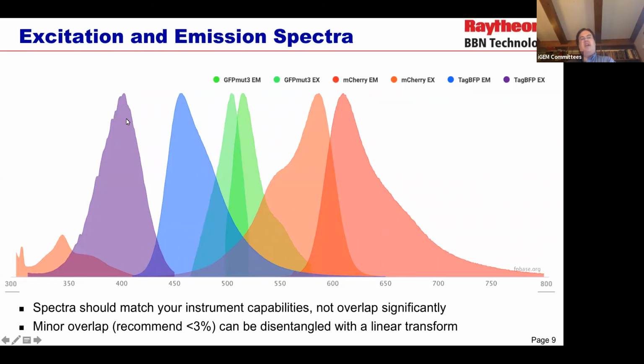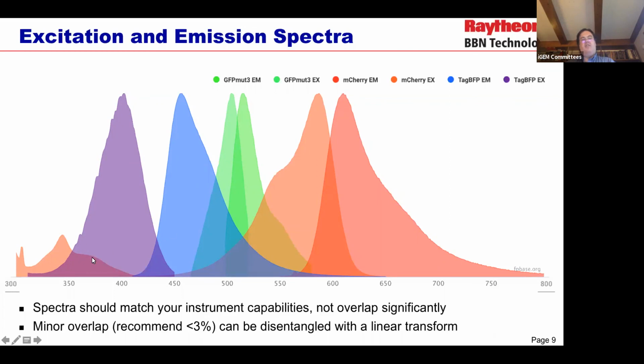Each of these, we've got the excitation on the left, the emission on the right. You're almost always exciting with a higher energy, that is shorter wavelength light, and then having it spill out, having lost some of its energy across a lower spectrum. And in this case, these are well separated, because if I stimulate in this purple region, that purple region is separate from what will stimulate GFP mut3, and it has only a little tiny bit of overlap with what will stimulate M-cherry.